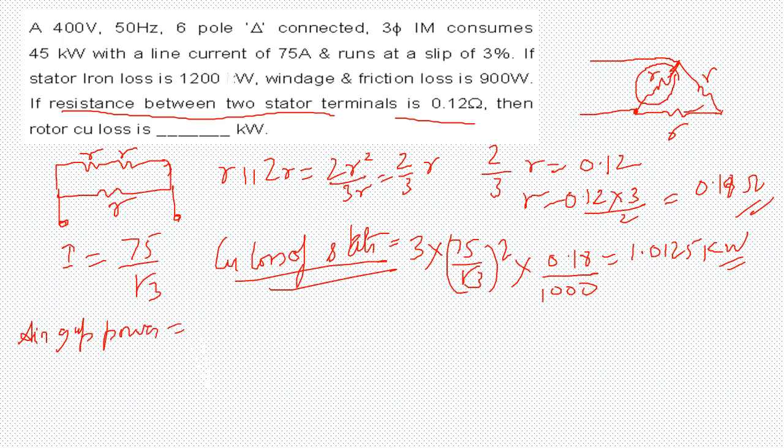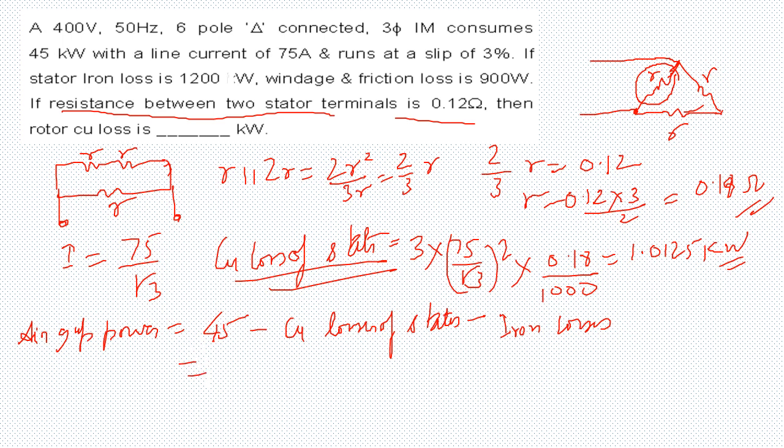Once we have the copper losses of the stator, we can find the air gap power. The input power is given as 45 kilowatt, and I have to subtract the copper losses of the stator and one more thing, the iron losses.